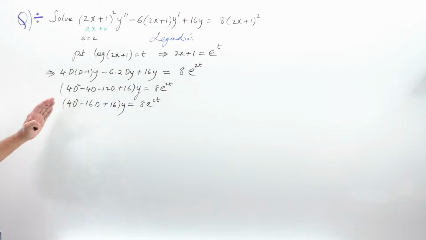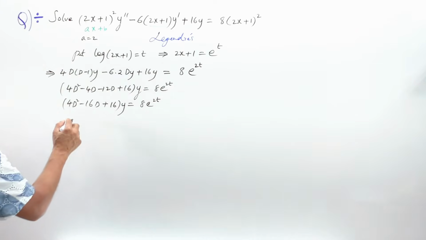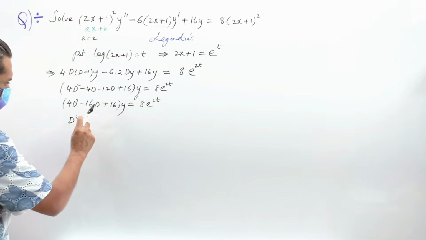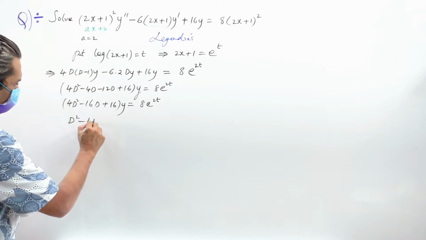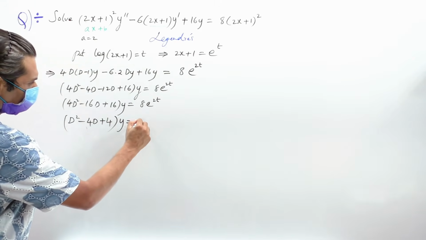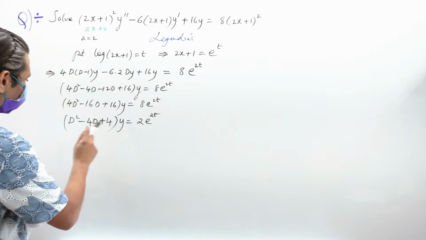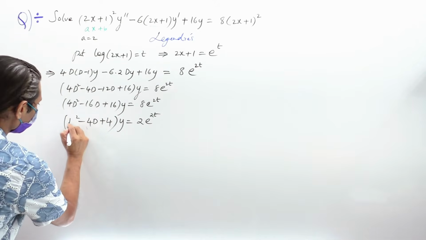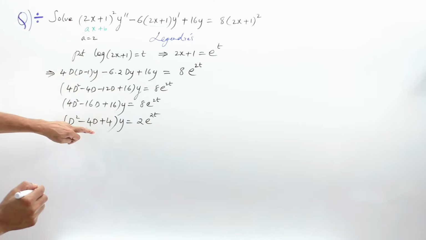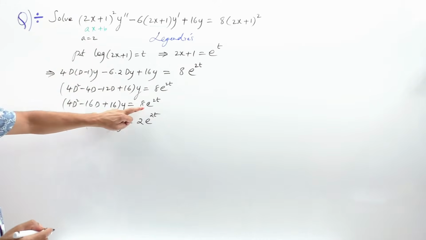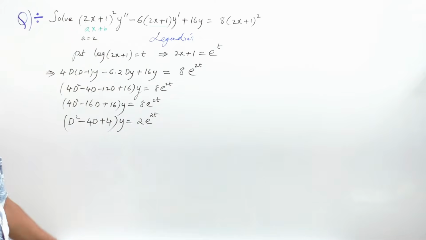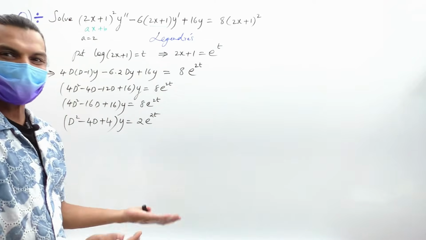Now what I can do is, 4 is common, divide by 4. So take 4 outside: D square minus 4D plus 4 into y equals 2 into e raised to 2t, since 4 2s are 8. Done. So I have this differential equation with me, which looks very simple here.